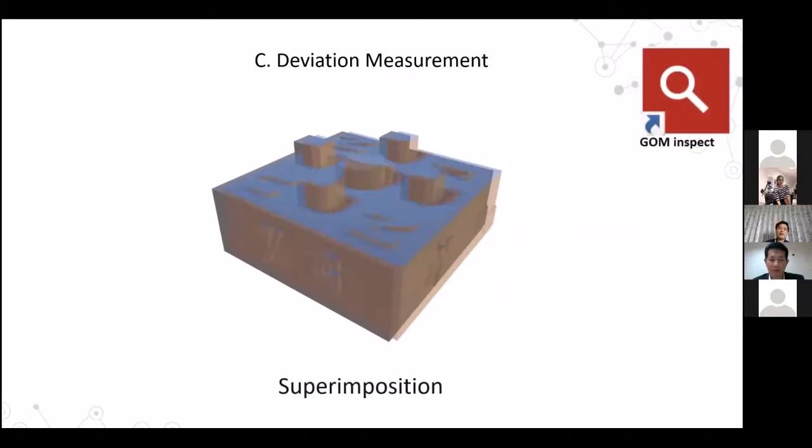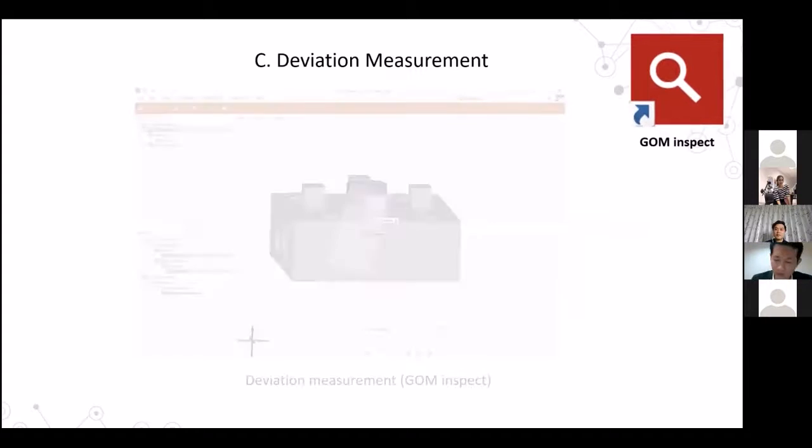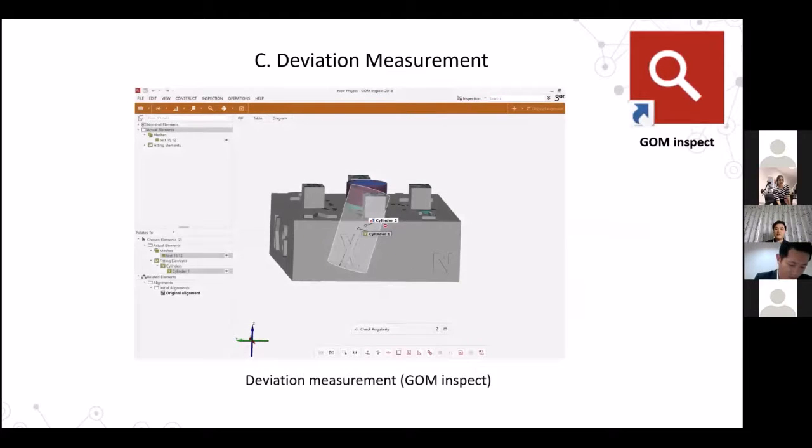So we do the superimposition by Inspect software, inserting them into the software program.